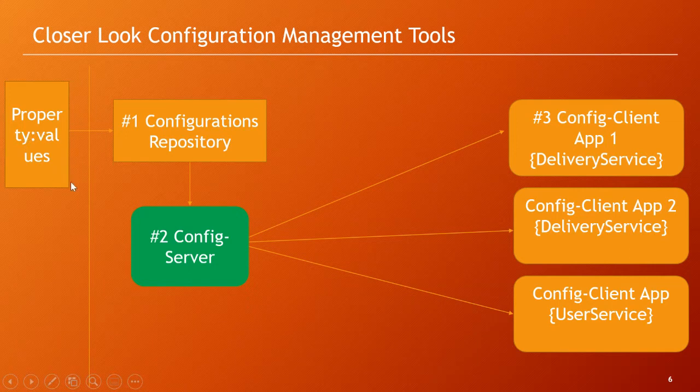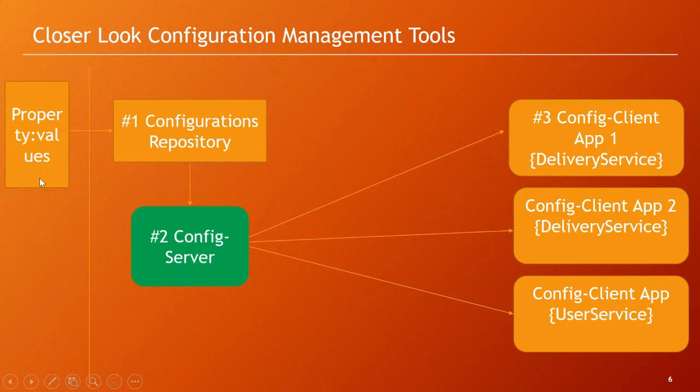In the property file, we'll make all the changes and push it into the repository. Like in Git, we can just create a property file, for example for this delivery service. If you want some properties to be managed, we can store the delivery service dot property file in the configuration repository. Then the configuration server can pull it and deploy it into the application, or the application can pull it and use those property files.